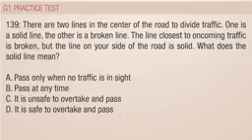B. Pass at any time. C. It is unsafe to overtake and pass. D. It is safe to overtake and pass. Answer C. A solid line in the described situation means that it is unsafe to overtake and pass.